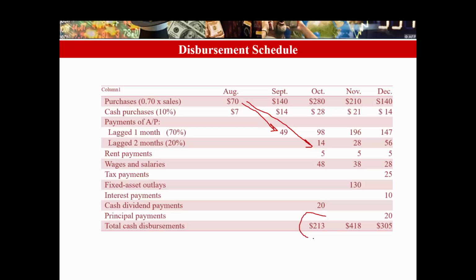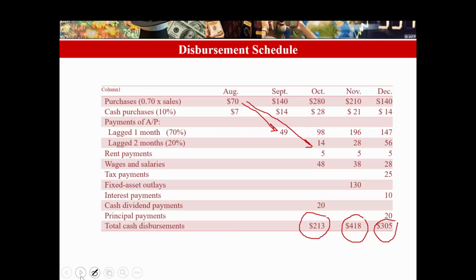So $230,000 are the net disbursements that will take place in August. $418,000 in November, and $305,000 in December. So when we combine purchases and other overhead and expenses, these are our disbursements for October, November, and December respectively.